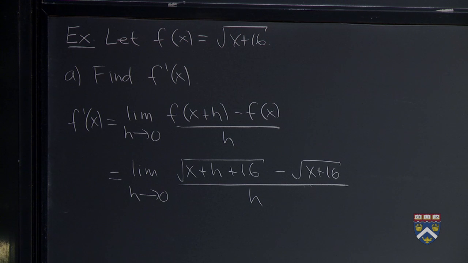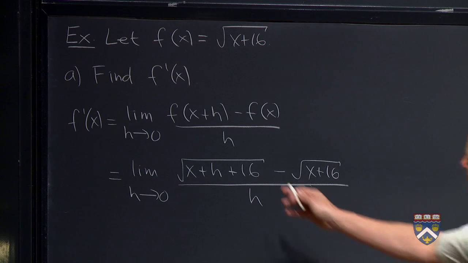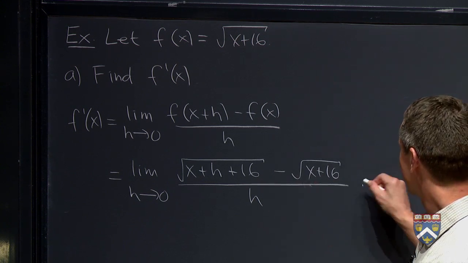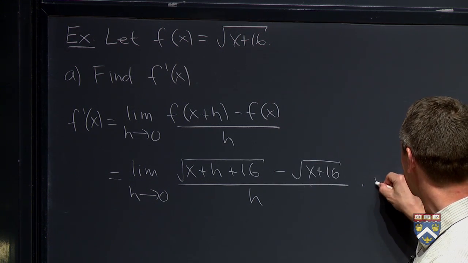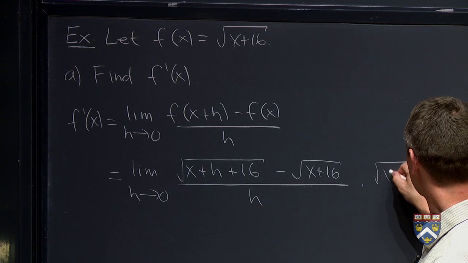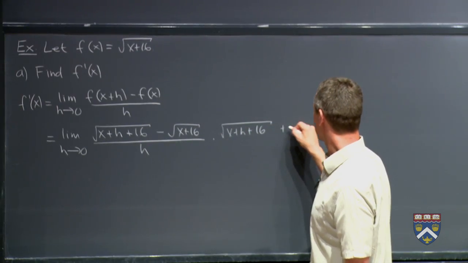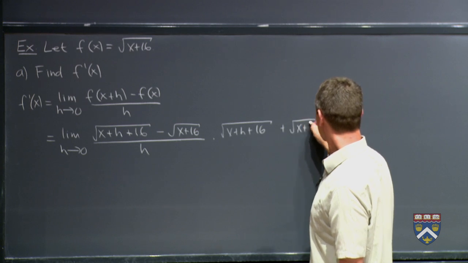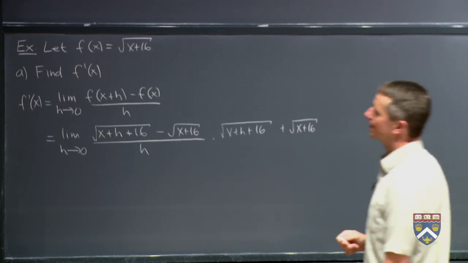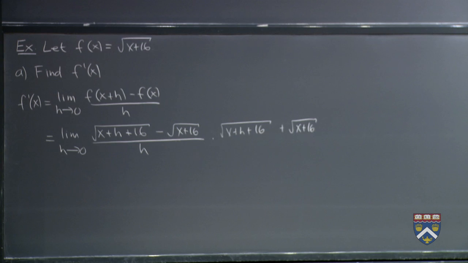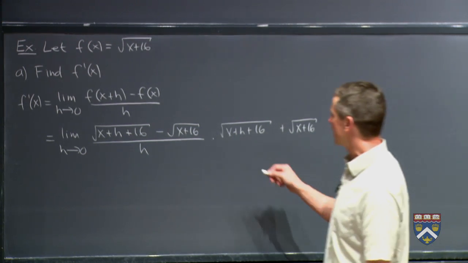But once upon a time when you were studying algebra, you learned about something called the conjugate. And the conjugate of a difference like this is where you replace the minus sign by a plus sign. So we're going to multiply by the conjugate here. And as was the case with the common denominator, multiplying by something on the top, we've got to multiply by it on the bottom.